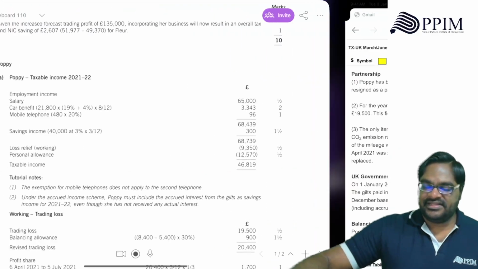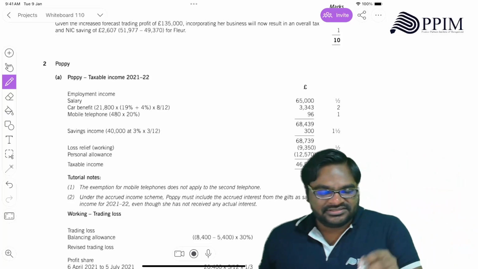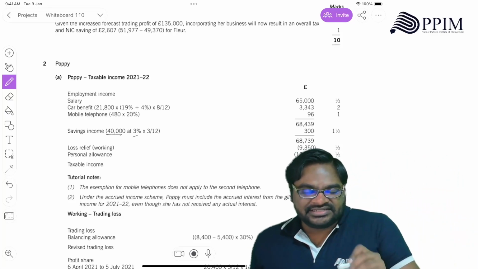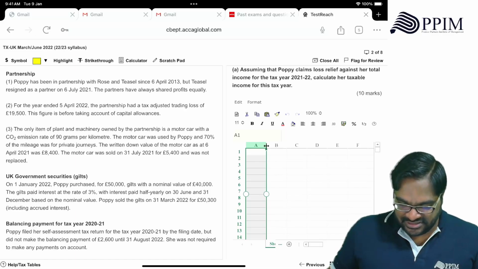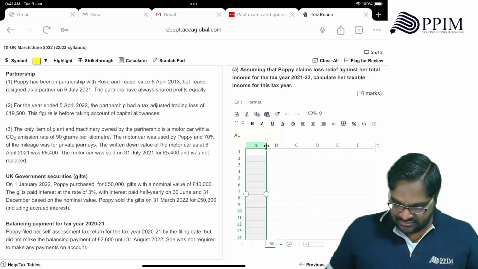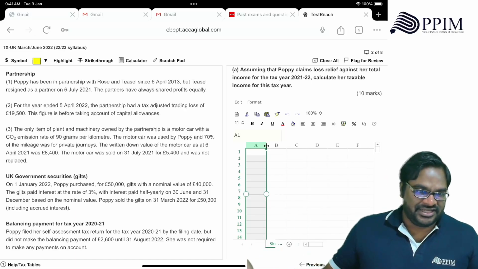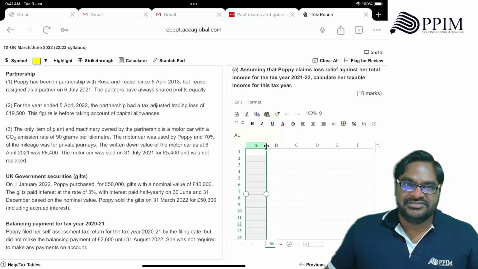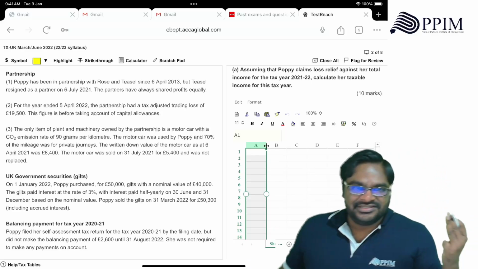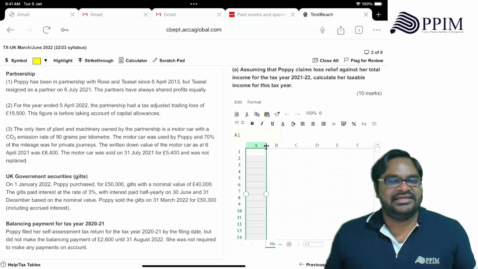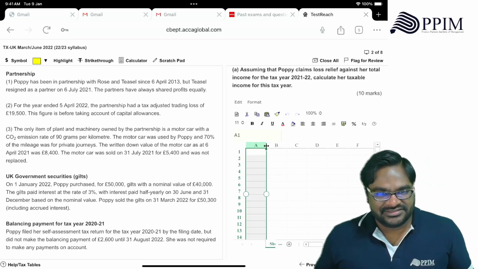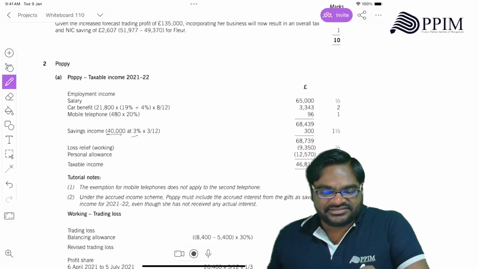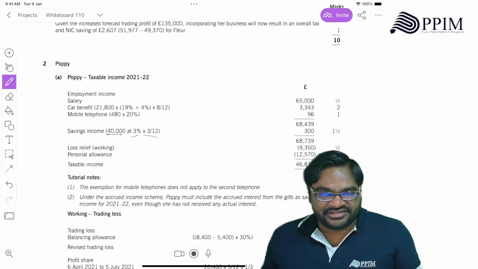Interest is paid at 3%. She purchased in January and she's selling in March. That means she has owned how many months? Only 3 months, right? So she should consider only the interest belonging to 3 months for her tax calculation. Correct? So we took that 300.